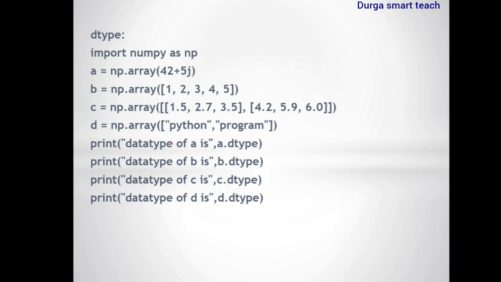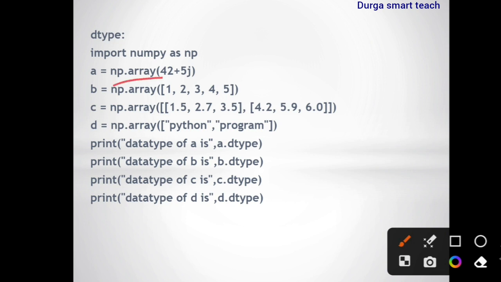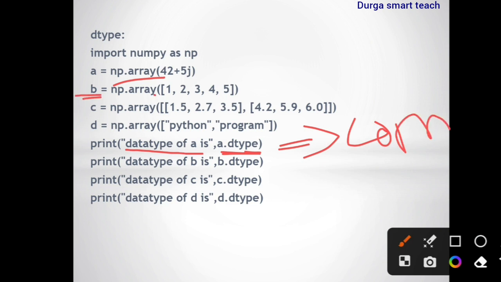If you want to know the data type of an array, let's see. Here a is equal to np dot array of 42 plus bj, in the a plus bj format. The data type of a is a dot dtype, and it will return complex. After that, b contains only numbers, 0 to 9, so it is integer.